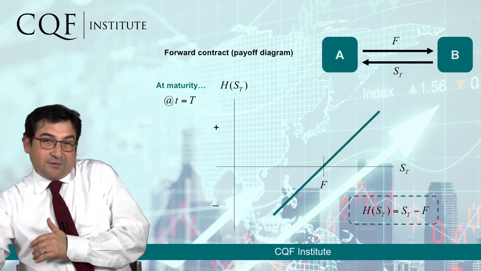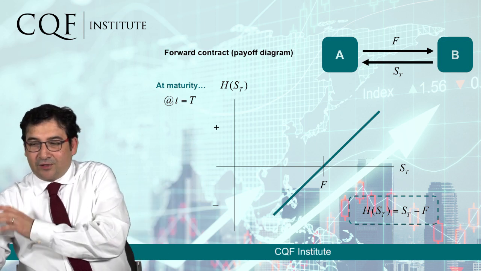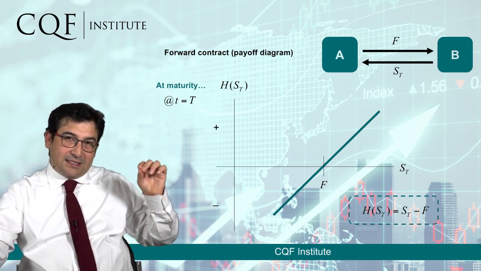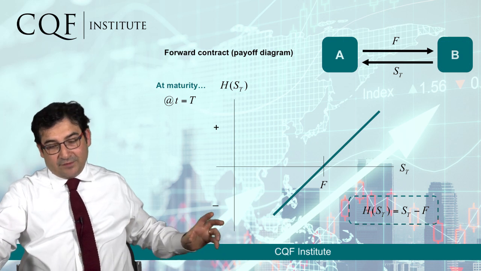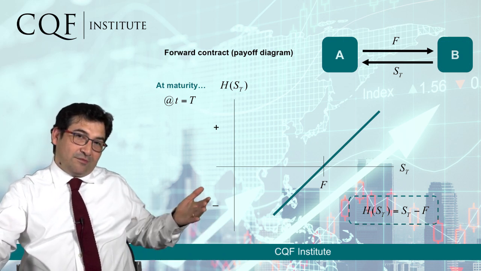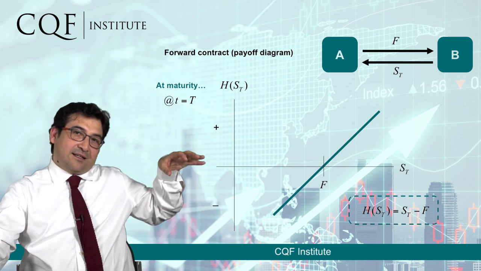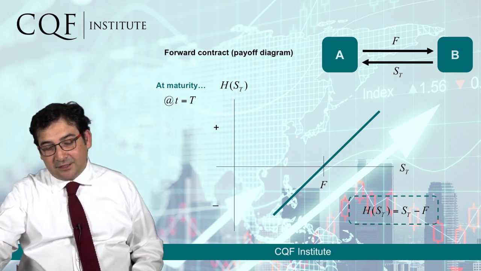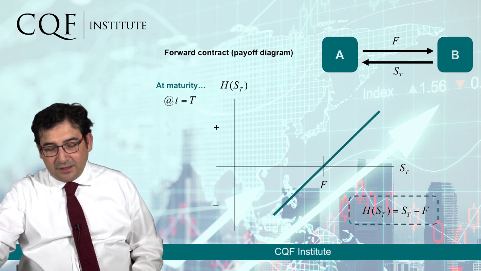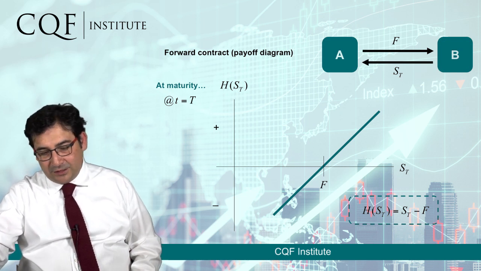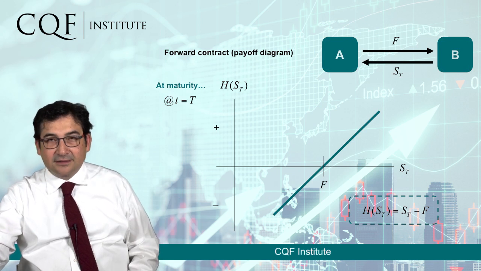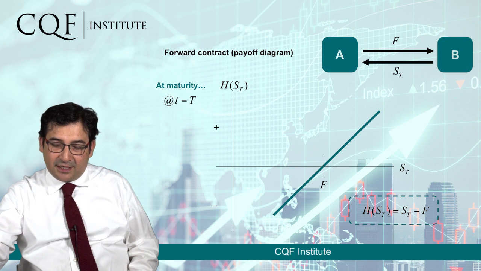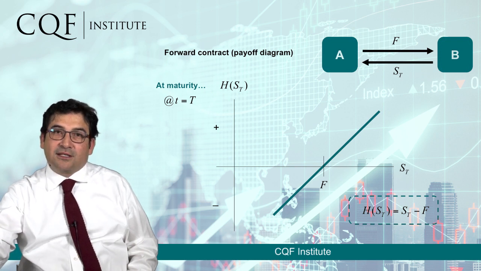But if the opposite happens, if we agree to buy something for F in the future, and at the future the value of that thing is lower than F, then we're paying more than what it actually costs in the open market at that time in the future. So we're making a loss. That's why the payoff diagram looks like a line which increases and cuts the axis at F, the forward price, and is represented by the formula H equals S_T minus F.